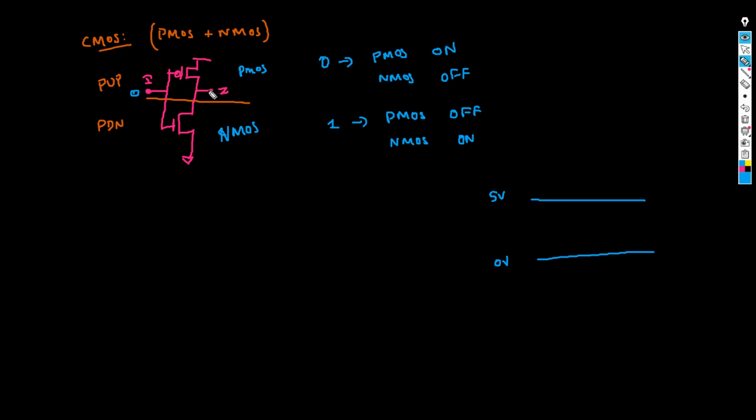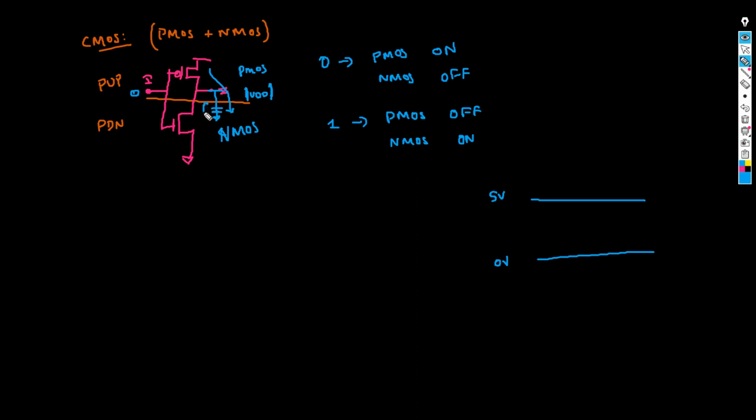PMOS will be on, so it is going to charge this cap. I will explain what this cap means in a while. Now remember, when it is charging, it is going to charge up to VDD.